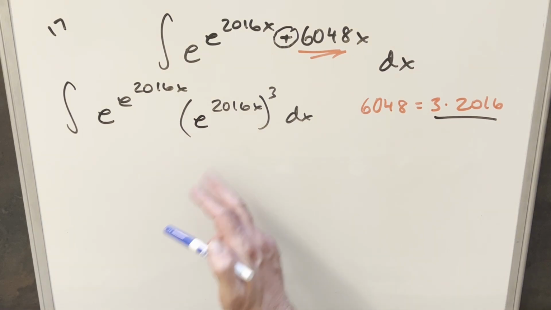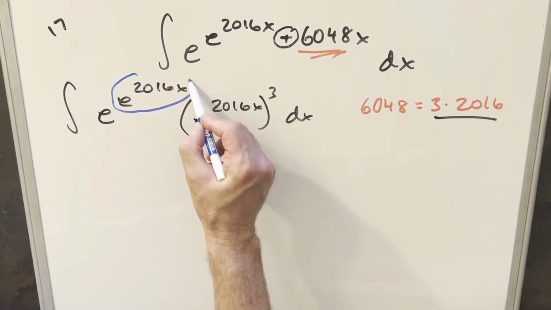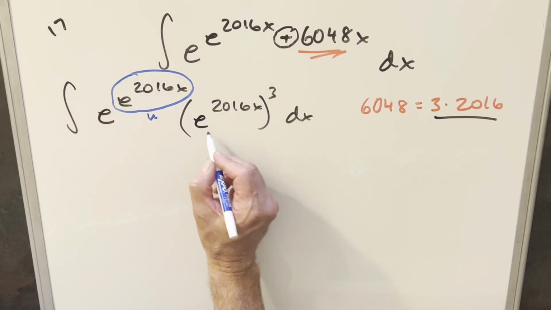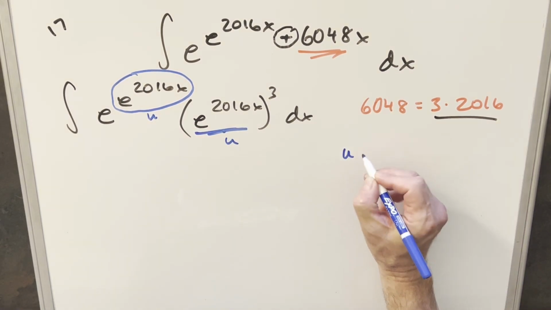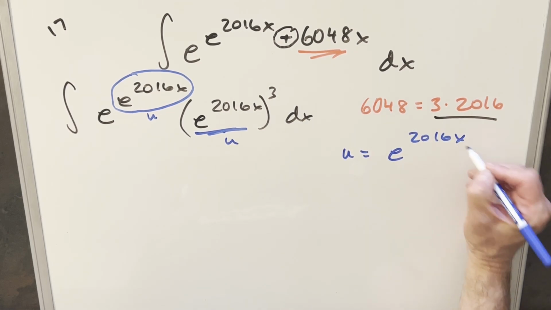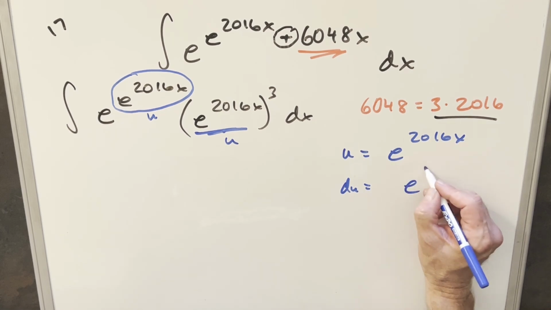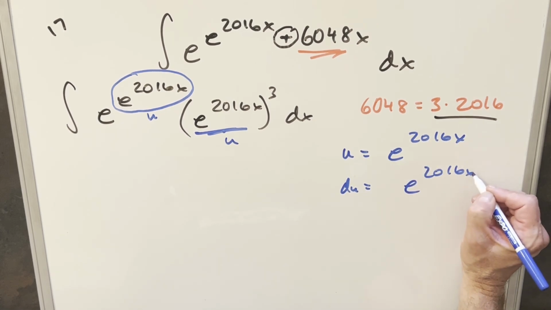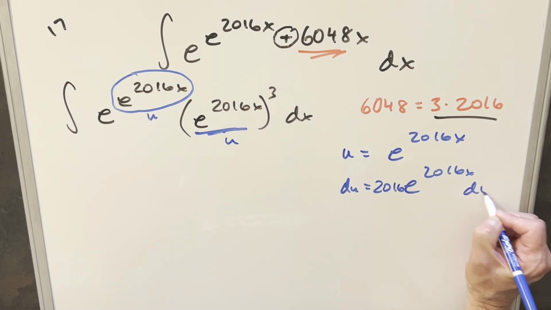This way, I think it's going to help us with a u substitution, because I can call this u right here, and then this is also going to be u over here. If I say u is e to the 2016x and take a derivative, du is e to the 2016x, but then by the chain rule we have to bring a 2016 out, and we'll have a dx.